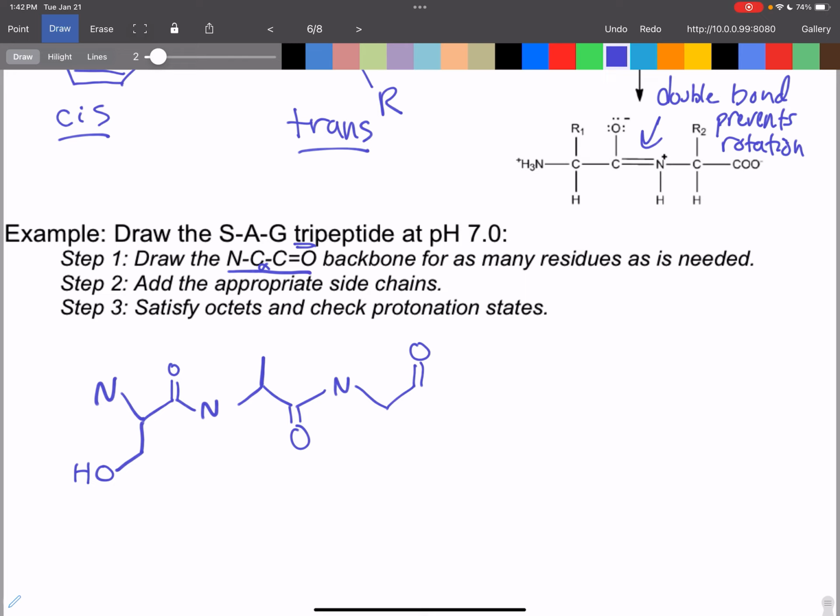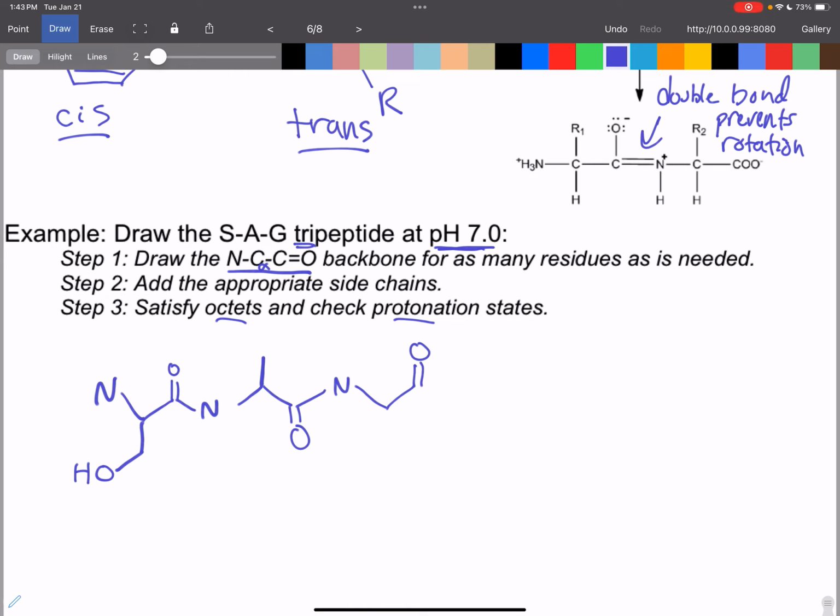Those are the appropriate side chains. And then step 3 is to satisfy the octets and also protonation states. So remember this, and I will typically give you instructions to make sure you were at the right pH. So this is going to be pH 7, and that means that the functional groups need to reflect that, and all octets have to be satisfied.